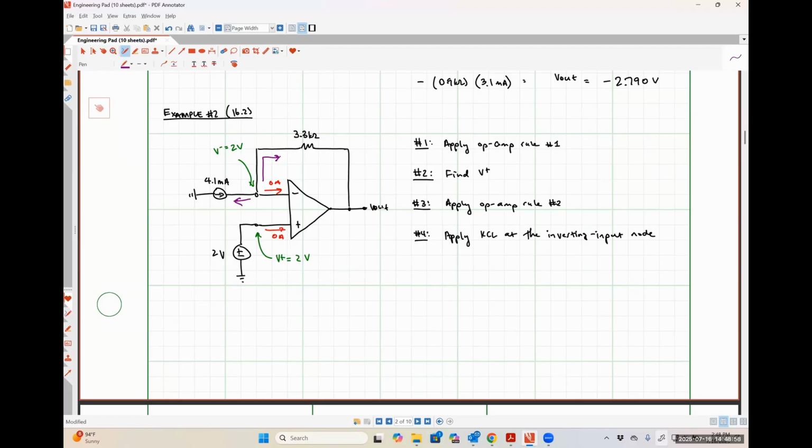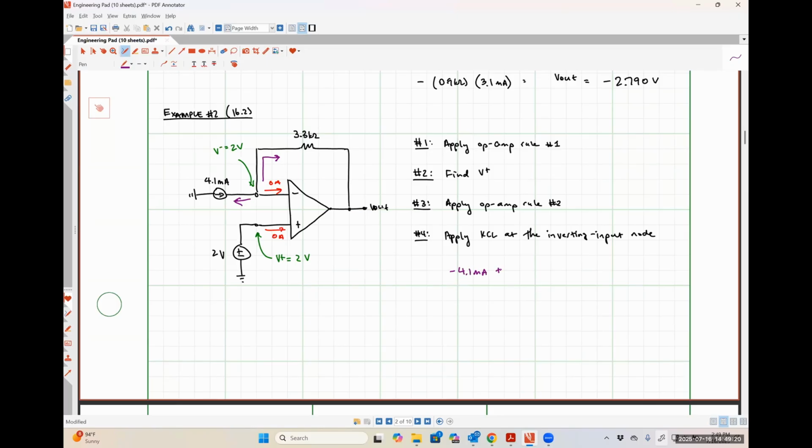And I would once again appreciate one of you guys' help in writing this equation. So what would the current flowing to the left through the current source be? Negative 4.1 milliamps. So negative 4.1 milliamps.